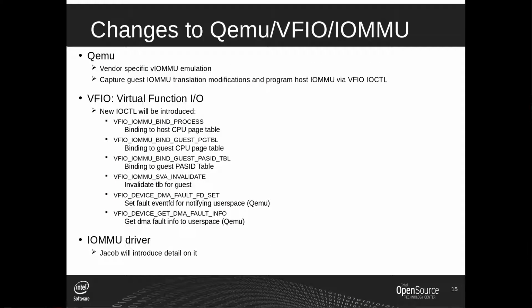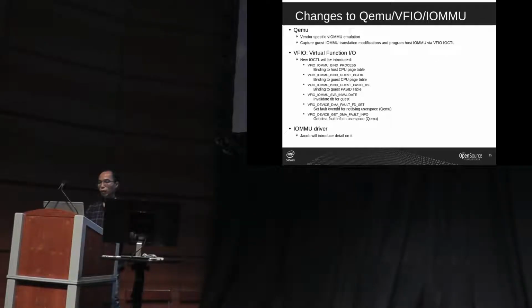So we have changes to QEMU, VFIO, and IOMMU. QEMU is doing the virtual IOMMU emulation, capturing the guest IOMMU translation modifications and programming them to the host. And for VFIO, we will have some new I/O controls like bind process, bind guest page table, bind guest PASID table, and SVA invalidation to invalidate the TLB for the guest, and the fault FD set.